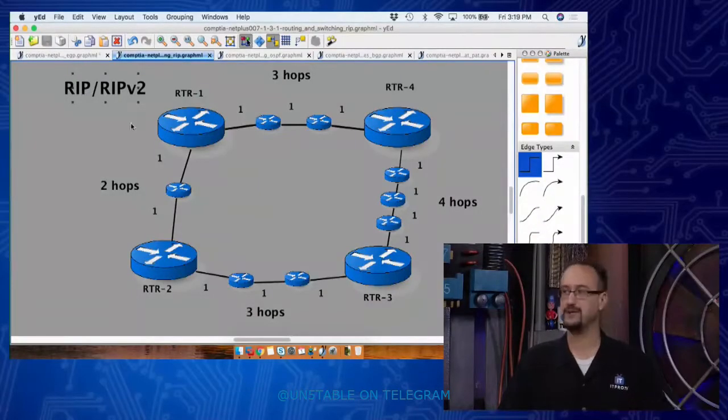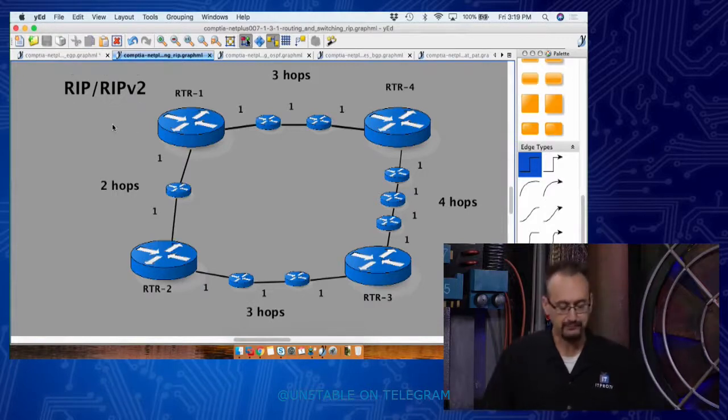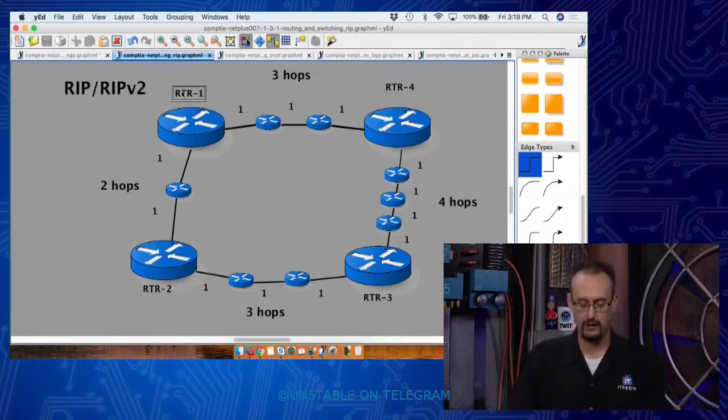So if we take a look here, I've got routing information protocol, and as we go through this, we'll talk about some of the things you have to be aware of when you talk about routing information protocol. Let's take router 1 here. We've got router 1, router 2, 3, and 4.